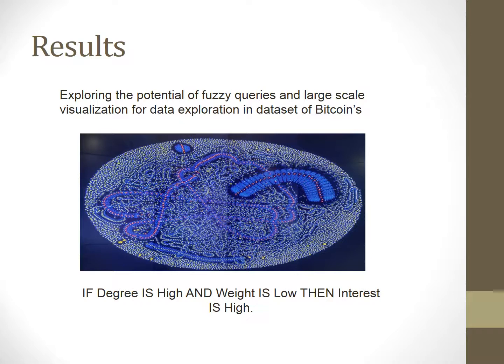And the third one was exploring the potential of fuzzy queries in large-scale visualizations for data exploration in data sets of bitcoins. Bitcoins are digital currencies. There was news this week about bitcoins, and the fuzzy query that they define is at the bottom.